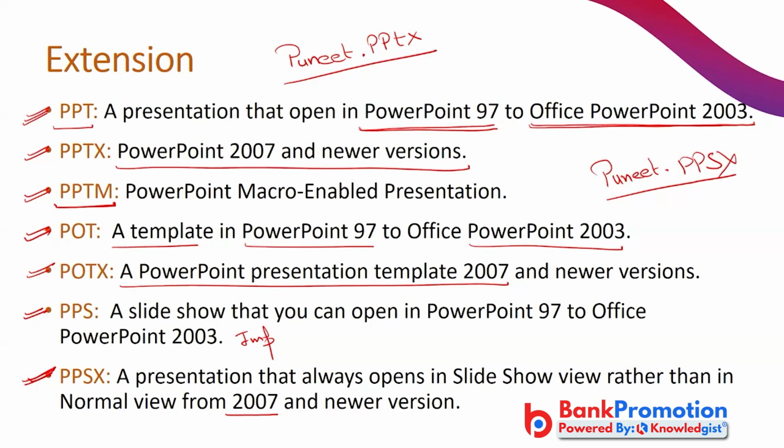You can create a PDF or something like that. There you can see PPS or PPSX, a slideshow file. If you choose that, then the extension will be PPSX, guys. So if you have a PPSX file and you double click it, it will automatically start a slideshow, guys. Remember.